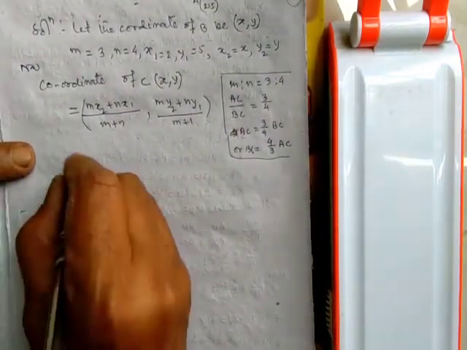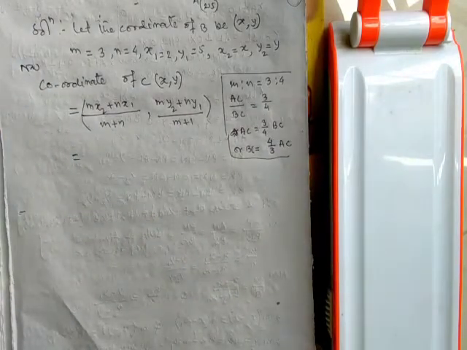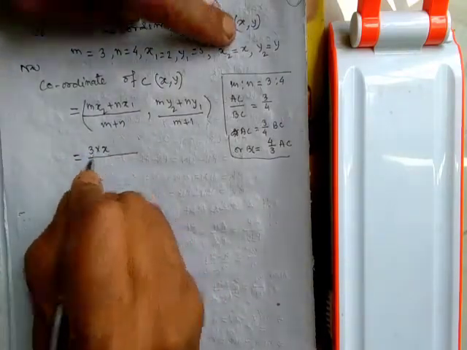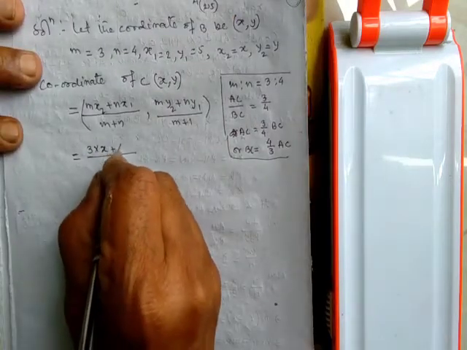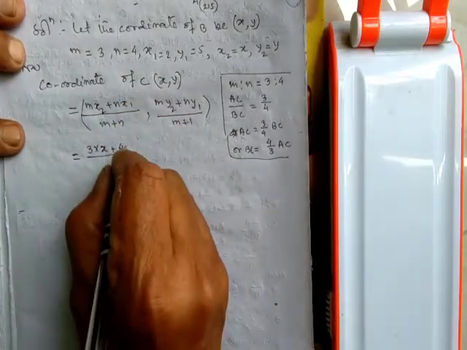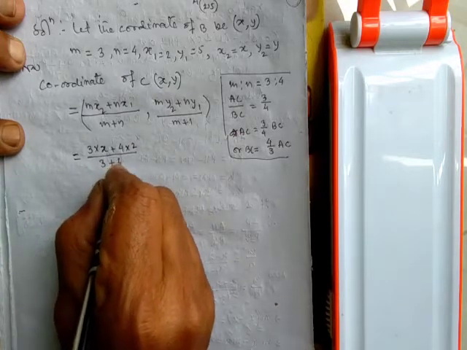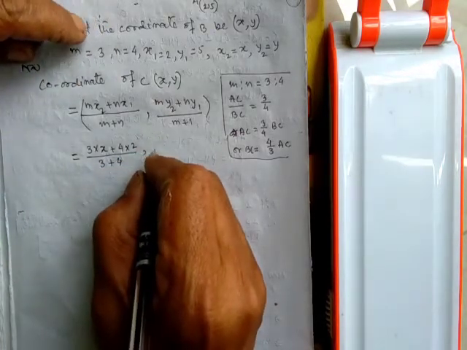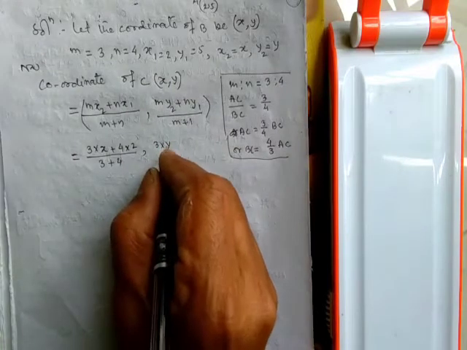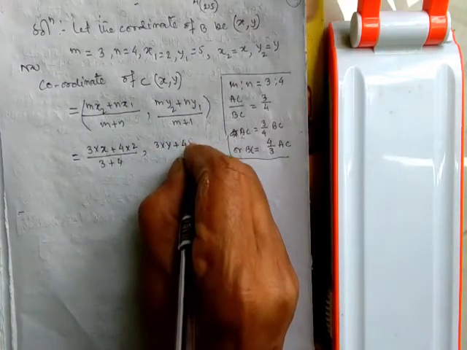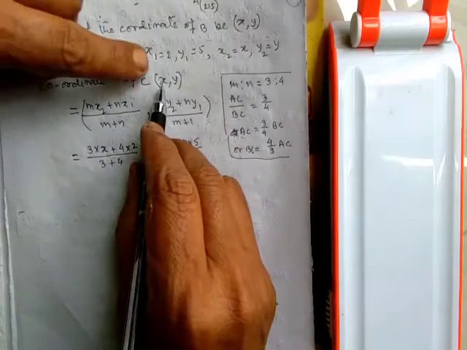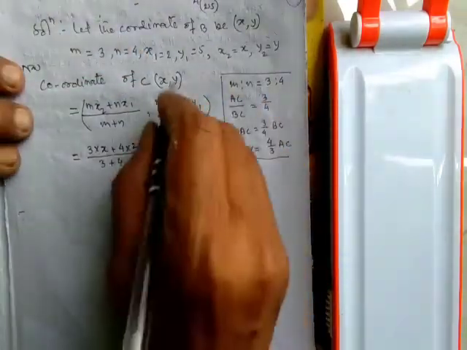Now let's put the values here. We have already taken m is equal to 3, x2 is equal to x, n is equal to 4, x1 is equal to 2, by m plus n, 3 plus 4, comma, m is equal to 3, y2 is equal to y, n is equal to 4, y1 is equal to 5, by 3 plus 4.